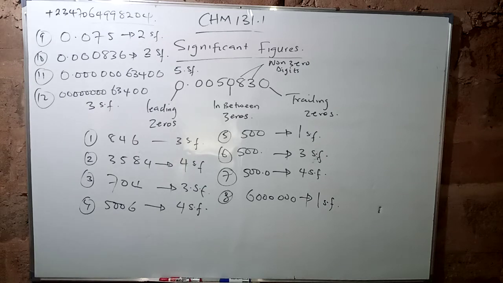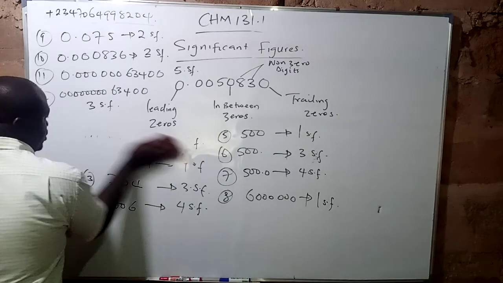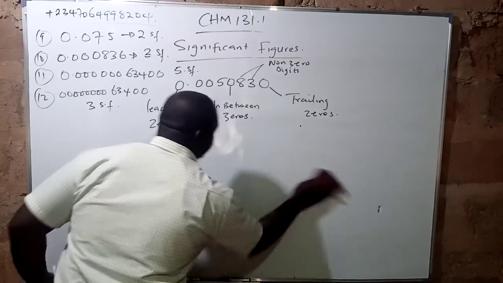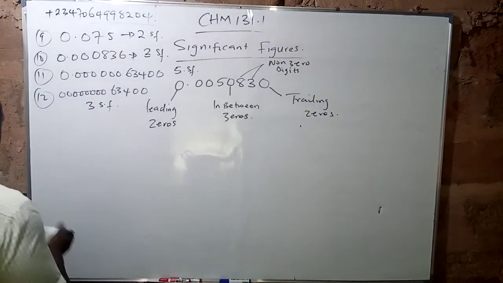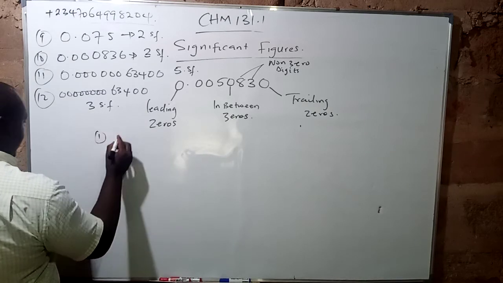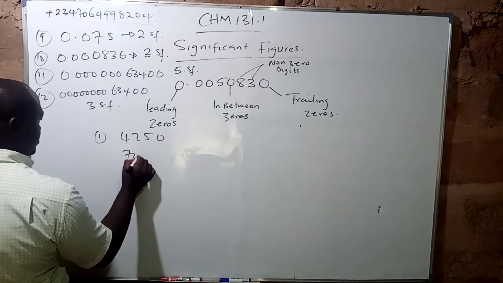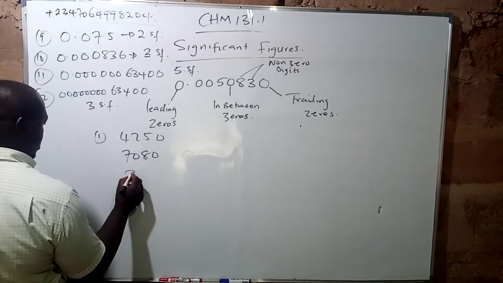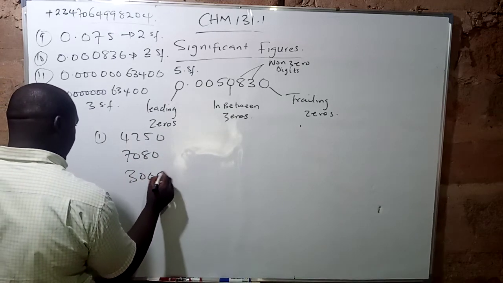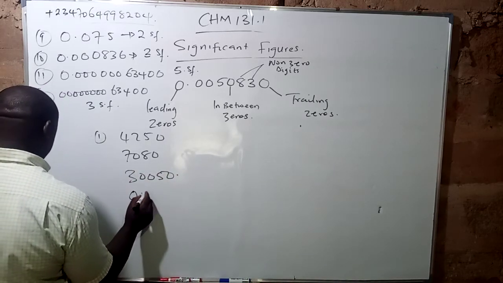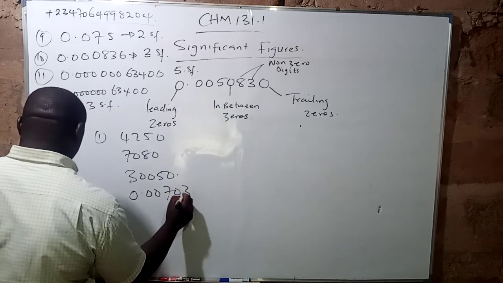Now, for me to end this video, let me give you some samples of classwork that you will do, and that should be the end. This is so easy. Now we have number 1, we have 4250, we have 78. This is just a classwork. 0050 point, yes, and then we have 0.00703.